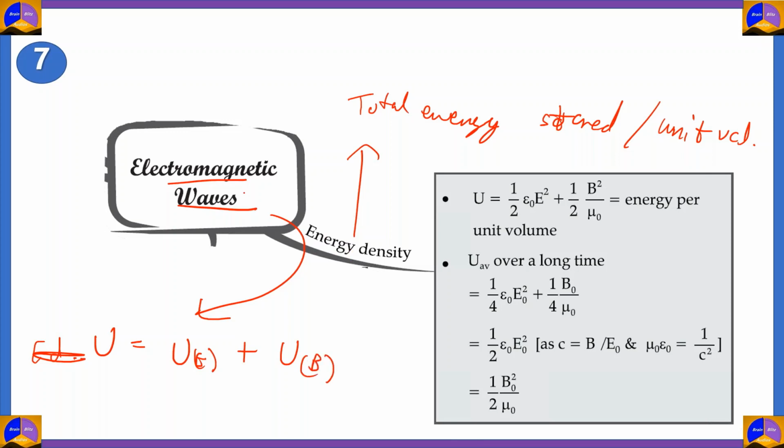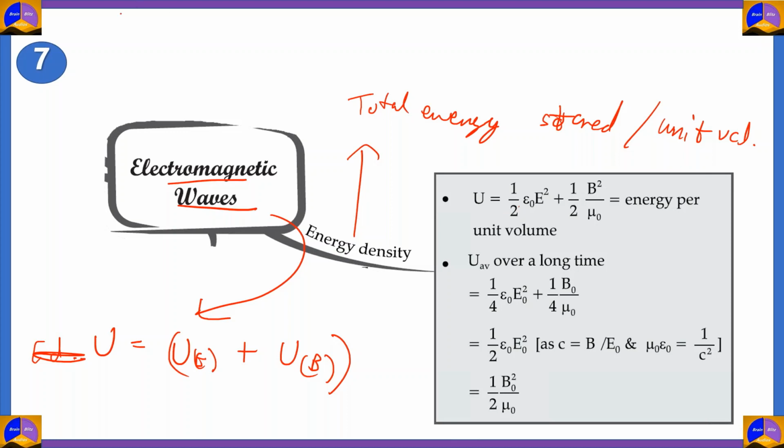So the energy density of an electromagnetic wave is given as the component of the energy density of both its electric and magnetic fields. So now we add these two to get the final result. And so the formula for energy density for an electromagnetic wave is half epsilon naught E square plus half B square by mu naught.